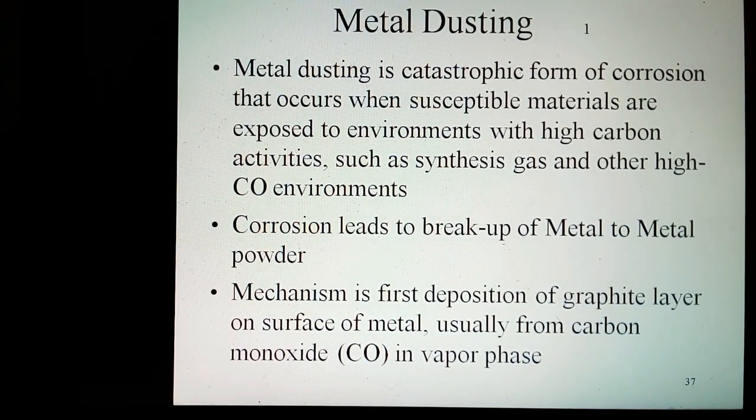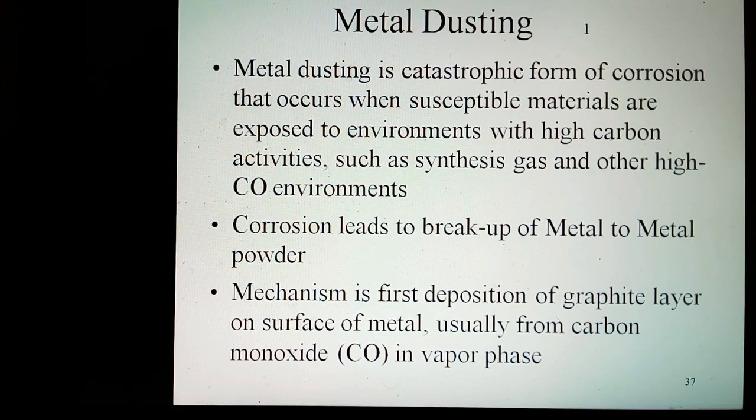Metal dusting. Metal dusting is a catastrophic form of corrosion that occurs when susceptible materials are exposed to environments with high carbon activities, such as synthesis gas and other high CO environments. The corrosion manifests itself as a breakup of bulk metal to metal powder.